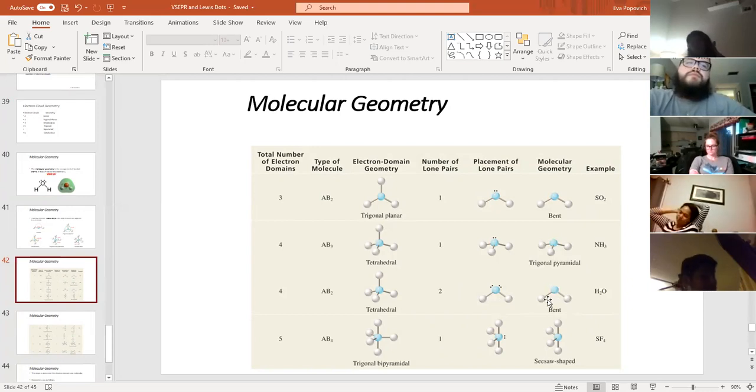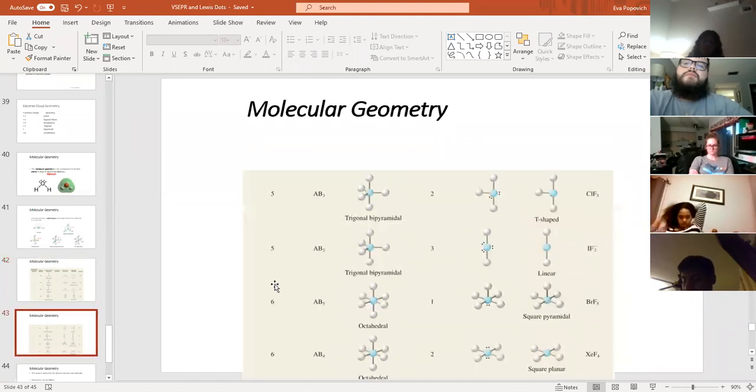If I get 5 things around the center atom, my electronic geometry is trigonal bipyramid. If all of them are occupied by atoms, my molecular geometry is trigonal bipyramid. If I have 1 lone pair, I have a seesaw shape. 2 lone pairs, T-shaped. 3 lone pairs, linear.